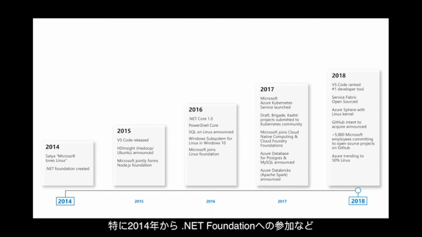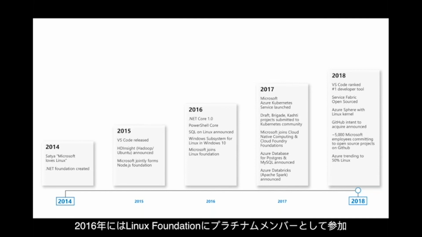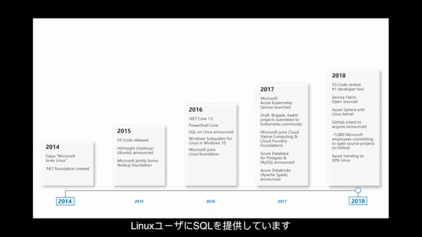Specifically from 2014, there have been a lot of key milestones, like Microsoft joining the .NET Foundation, and then joining the Linux Foundation as Platinum members in 2016, making SQL available to Linux users, which, before 2016, was only available to Windows users, and a whole bunch of other announcements. One of the key ones in 2018 being the acquisition of GitHub.